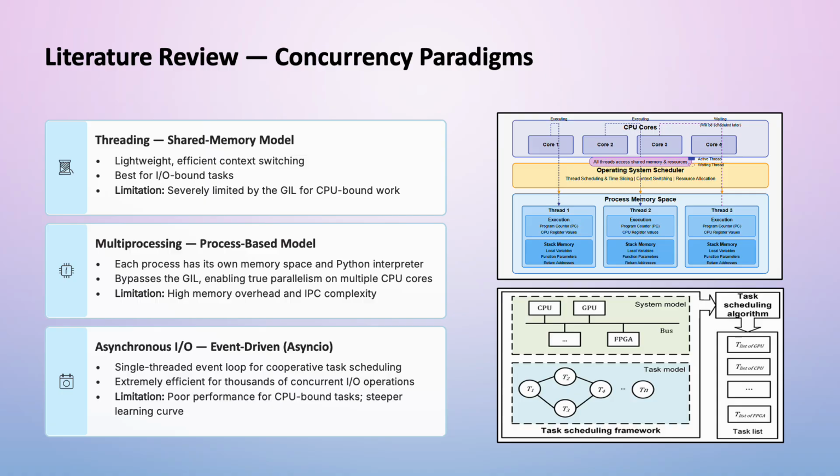These bypass the GIL, enabling true parallelism, but at the cost of high memory overhead. Asyncio is event driven, using a single thread event loop. It excels at thousands of concurrent IO operations. Its limitations are poor performance for CPU bound tasks and a steeper learning curve.